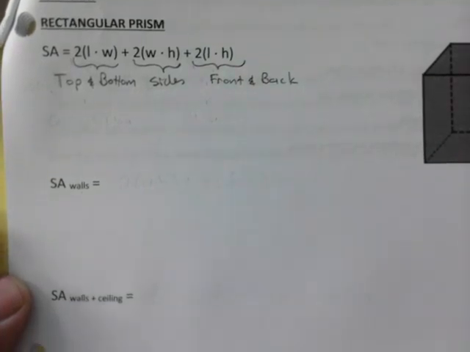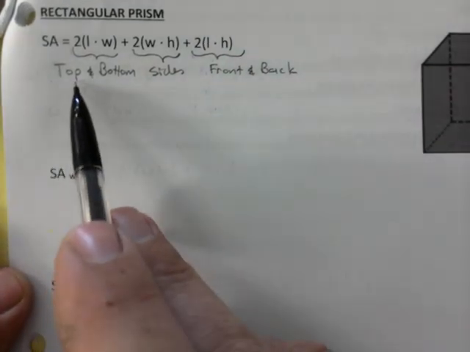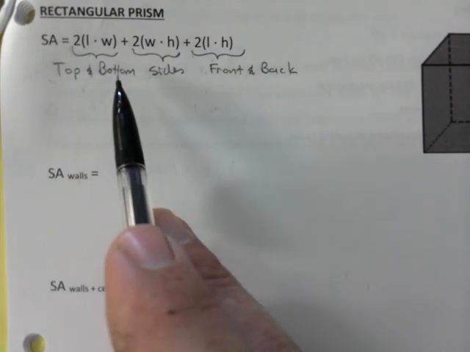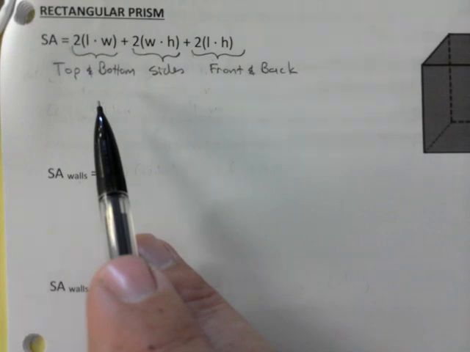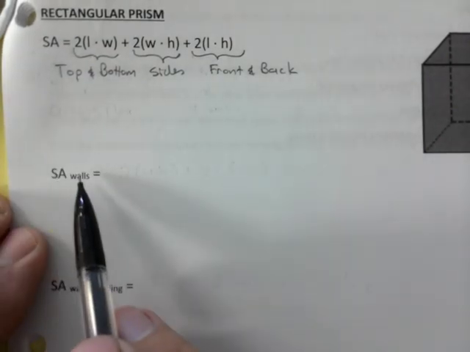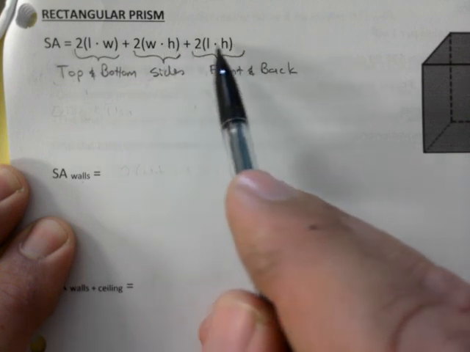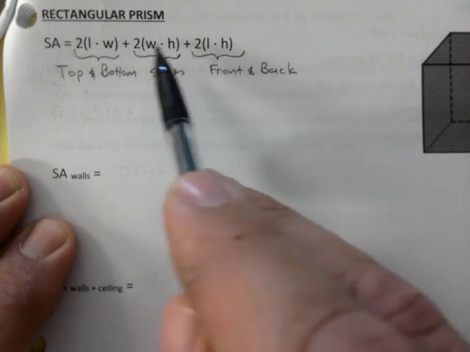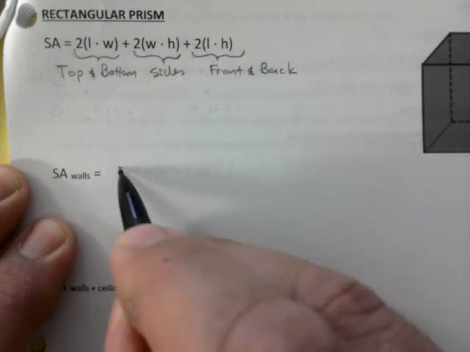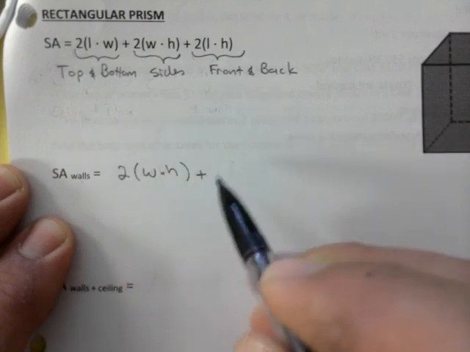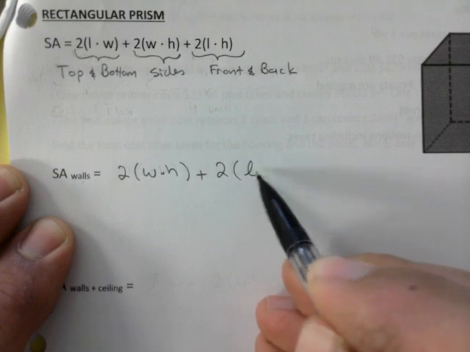However, quite often when we're painting, we're not painting the top or bottom. We're not doing the ceiling or the floor, right? We're just doing the walls. So the surface area of the walls would simply be this last part here, okay? So it would be 2 times width times height plus 2 times length times height.